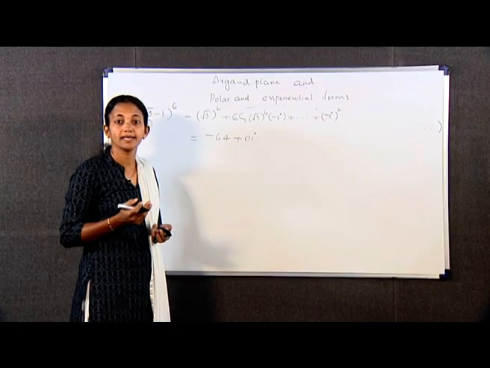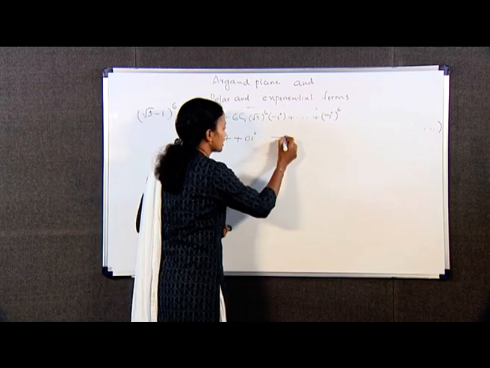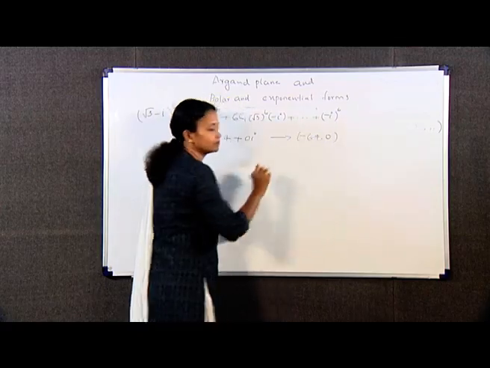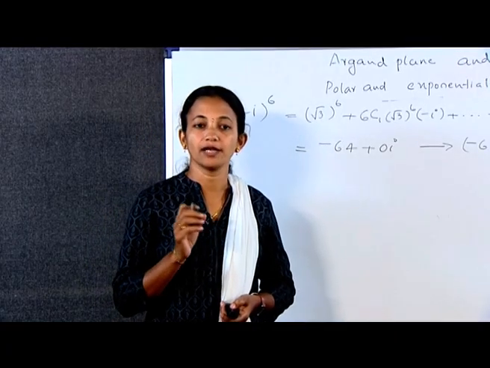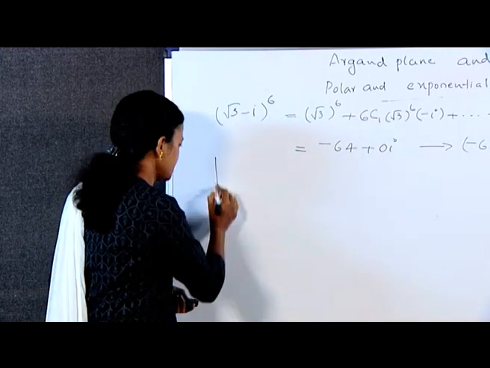Note that minus 64 plus i0 corresponds to the point (minus 64, 0), which is a point that lies on the line of intersection of the second and third quadrant.